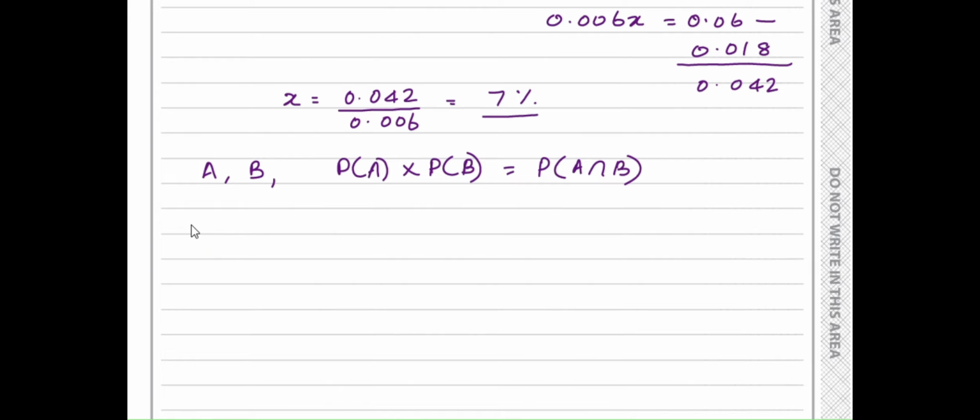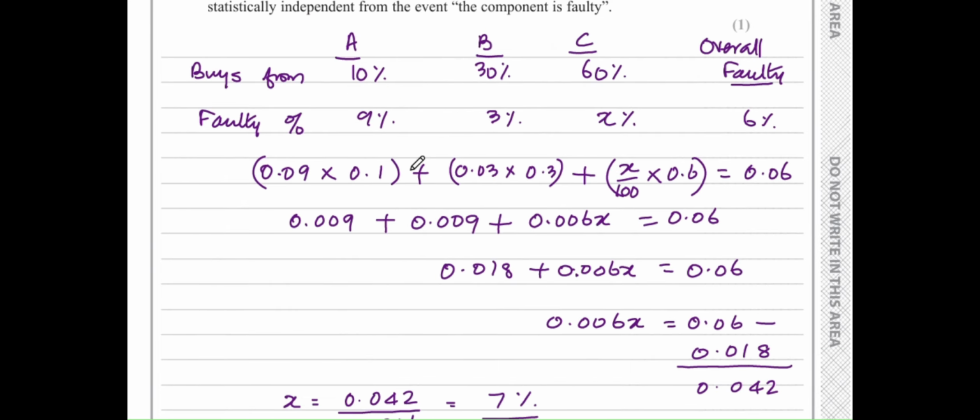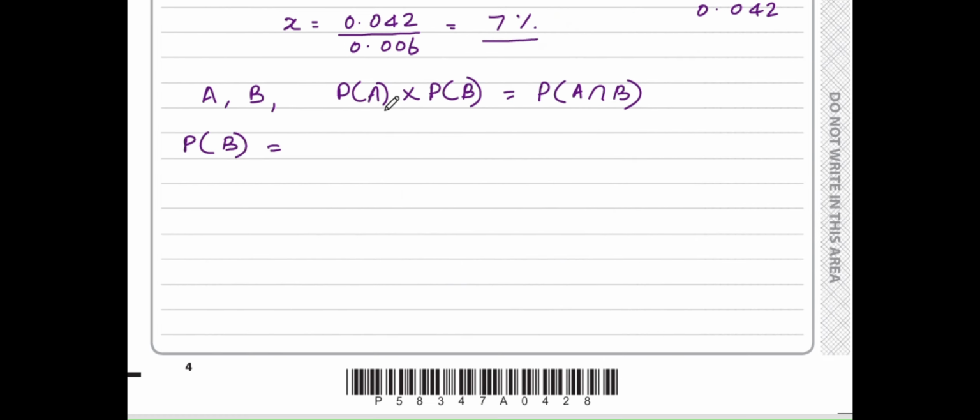So the question says that the event that something is bought from supplier B, that means probability of a component being supplied by supplier B is equal to, we need to find that out. What was that probability? Wasn't it 30%? Yes. So let's write 30%, which is equal to 0.3.